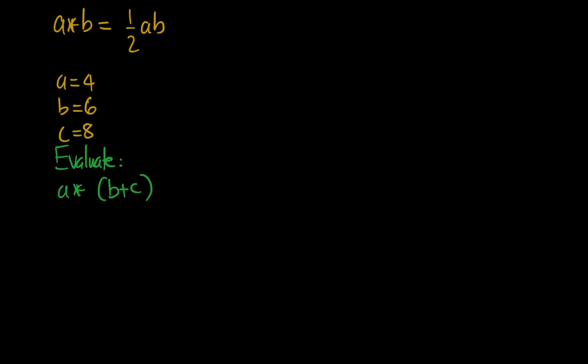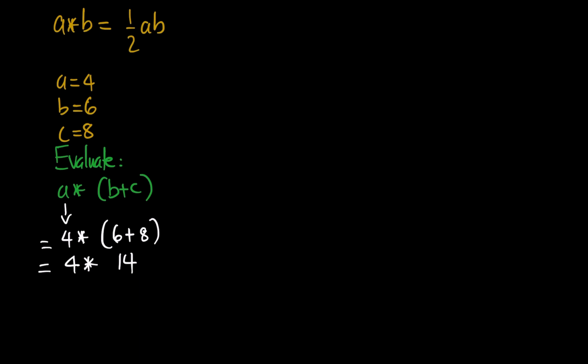To do this first one, we know that our A is 4 star, our B is 6 plus our C, which is 8, and then we end up getting 4 star 14, and then we plug it in.